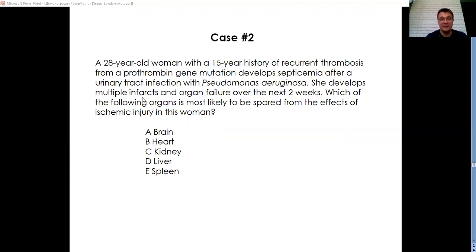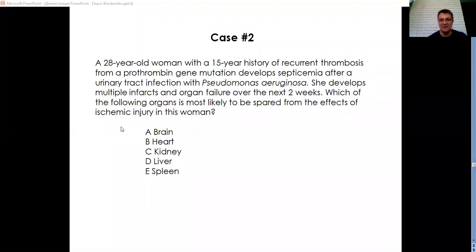She develops multiple infarcts and organ failure over the next 2 weeks. Which of the following organs is most likely to be spared from the effects of ischemic injury in this woman? Brain, heart, kidney, liver, spleen. Which one is not injured by ischemic factor?